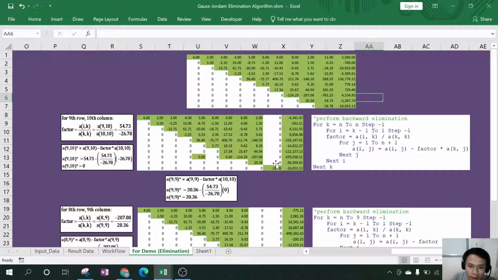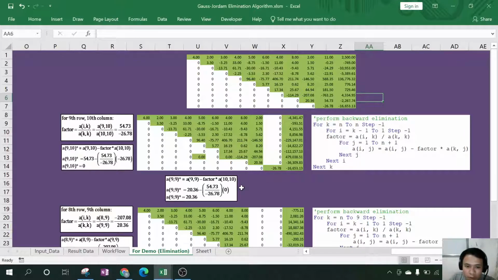Since we perform it on all columns, this is for j from 1 to n, so as you can see, on the 11th column, negative 2267.